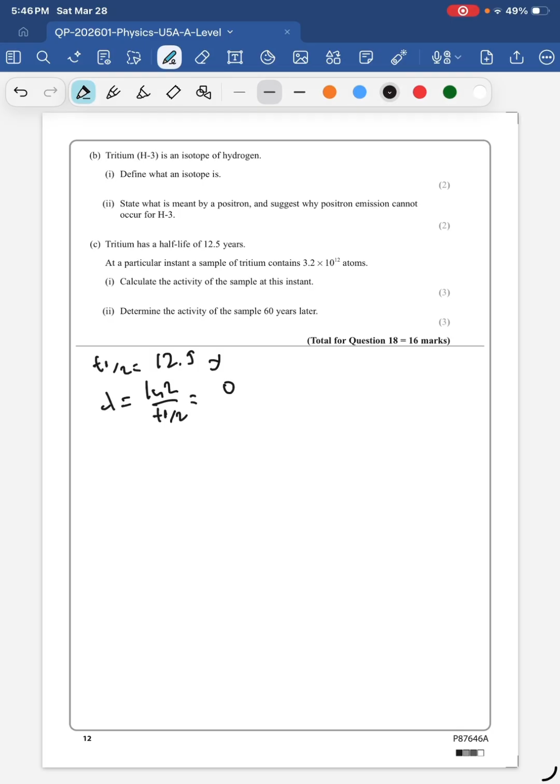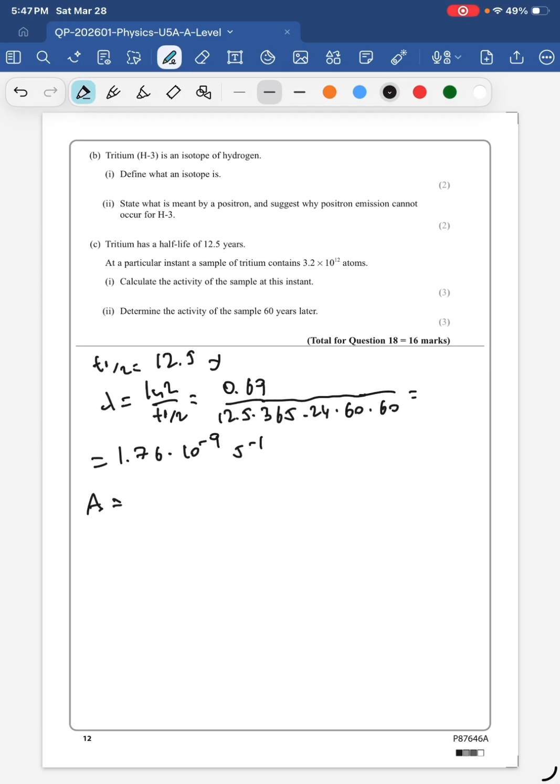So that's 0.69 over 12.5 times 365 days times 24 hours in a day times 60 minutes in an hour times 60 seconds in a minute. So that's 1.76 times 10 to the negative 9 seconds to the minus 1.